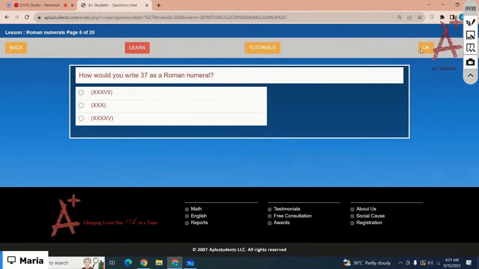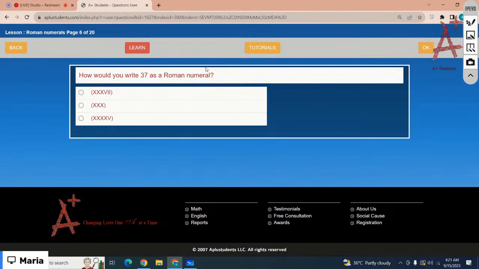How would you write 37 as a Roman numeral? So, which is the correct option? You have to make 37, right?